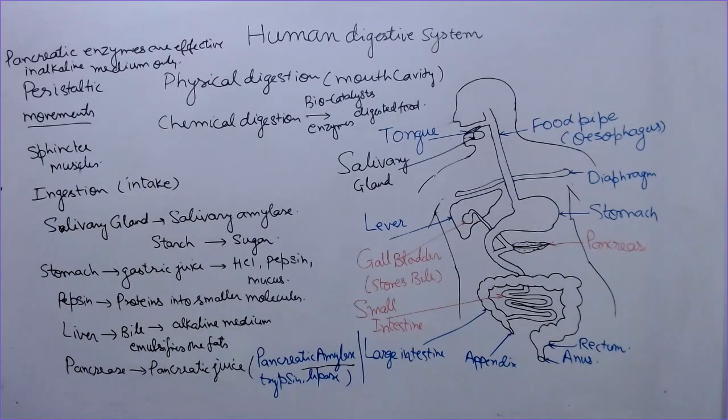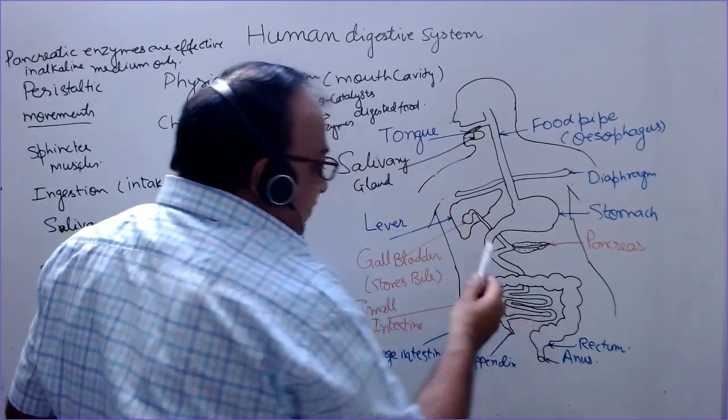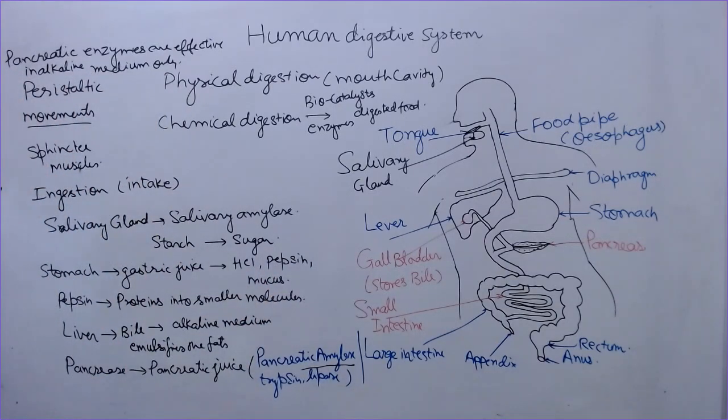The walls of the small intestine contain glands which secrete the intestinal juice. There are so many glands in the body which secrete enzymes and hormones. I am talking about enzymes here only, not hormones. Hormones are required for the growth of the body and its different parts. And enzymes, as I told you, work as chemical catalysts or biocatalysts for the digestion of food.